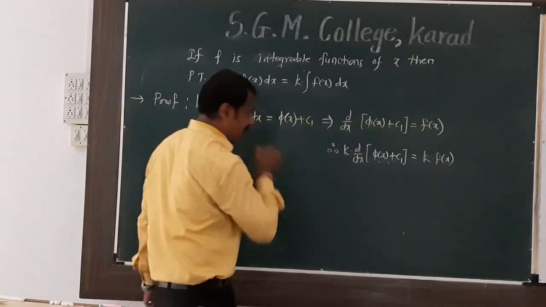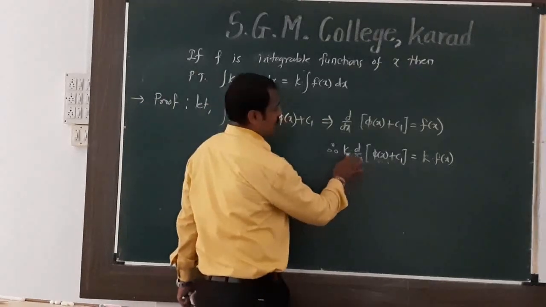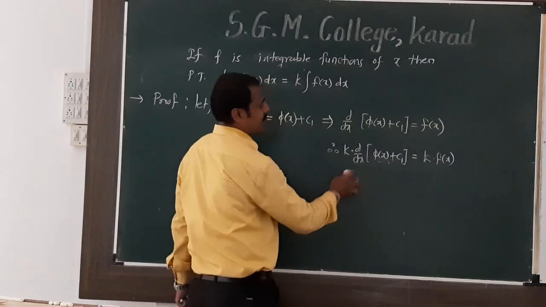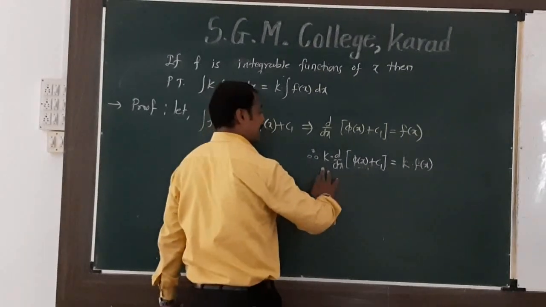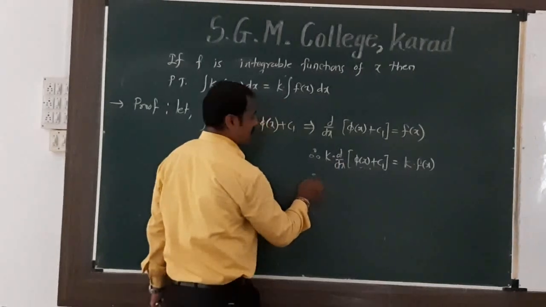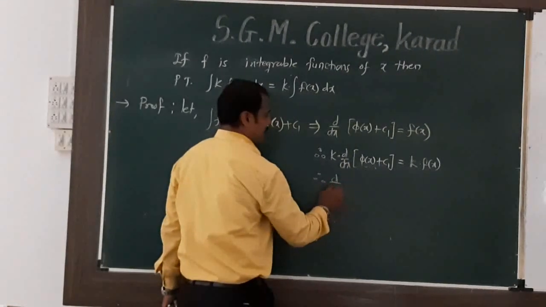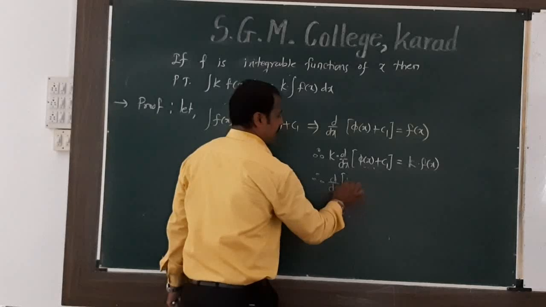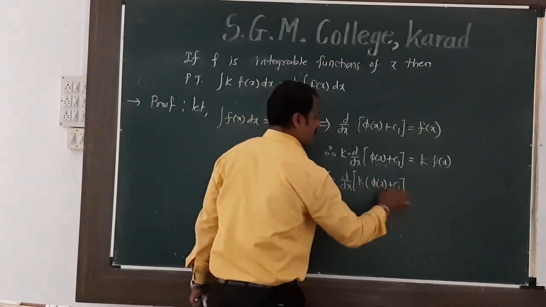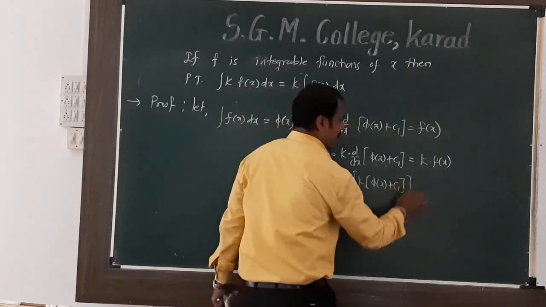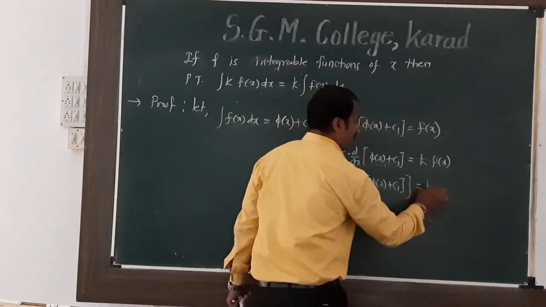Okay, now if there is a constant in a derivative, we can take it outside the derivative. Now I can take k inside the derivative symbol. Therefore, d/dx of k into phi of x plus c1 is equal to k into f of x.